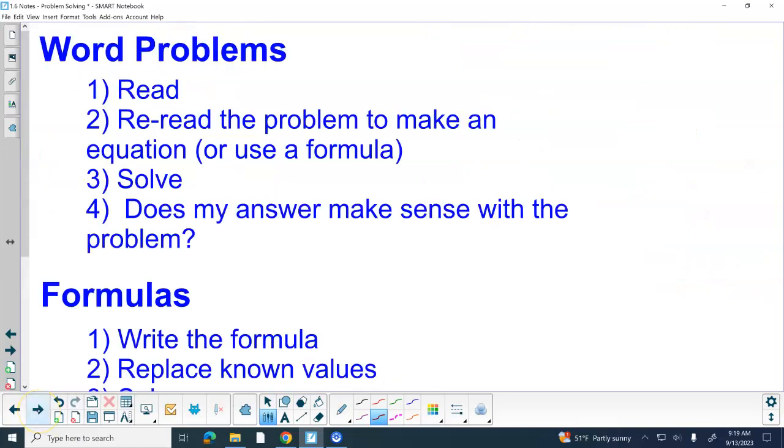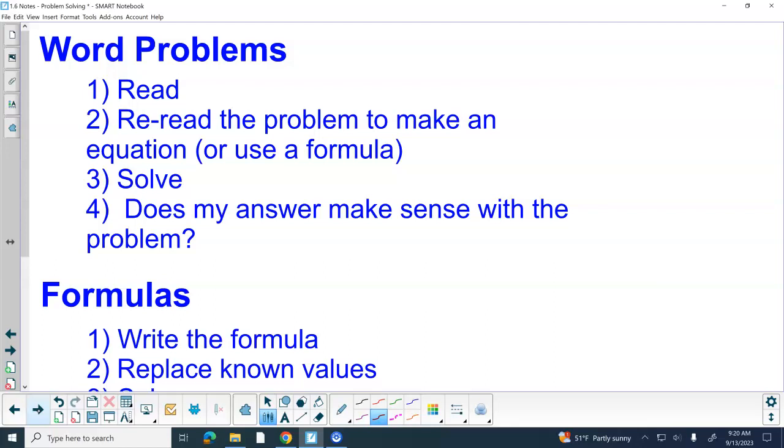All right, so word problems. Everybody loves them. Okay? We all love word problems. I was just telling my first class this morning, because they were doing a word problem too, that the biggest spot for a mistake in a word problem is in step number 1.